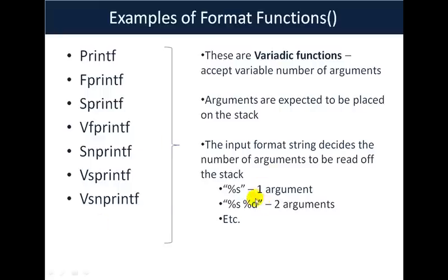As an example, just specifying %s in the format string would mean to printf that it needs to pick up a single argument from the stack. %s space %d would mean to printf that it needs to pick up two arguments: the first, a pointer to a string, and the second, an integer from the stack.